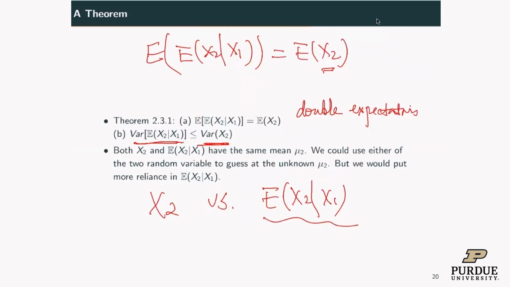But this guy has a smaller variance. Usually in statistics, if we try to estimate this mean, we would put more reliance on this guy. That's essentially regression. Okay, so x1 is the covariate, x2 is the response. You do regression. Somehow you can reduce the variance.